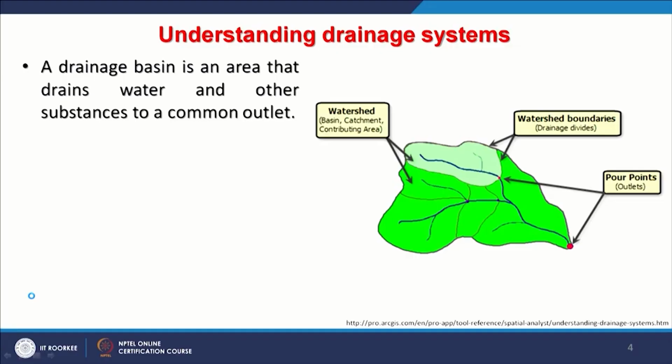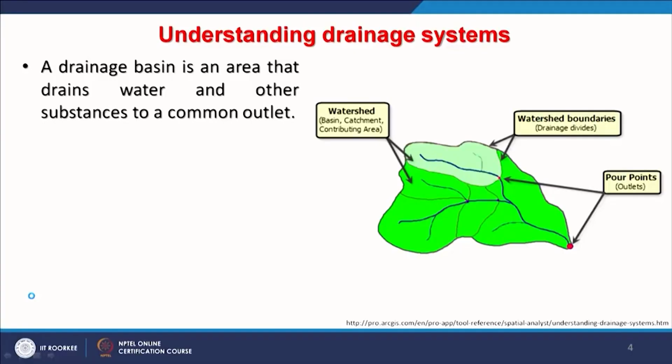Other substances might be sediments, very commonly, maybe pollutants, or maybe wood and other materials. All these are carried through this drainage system by the water.